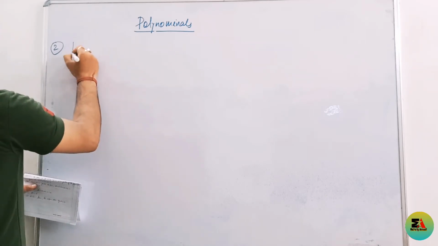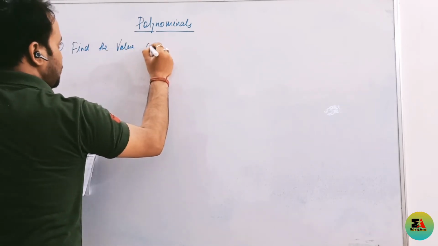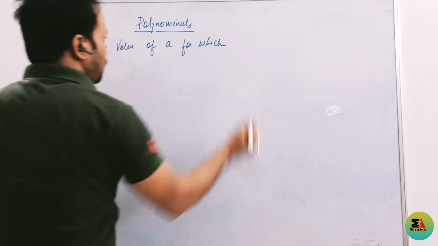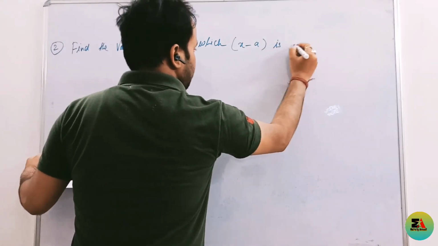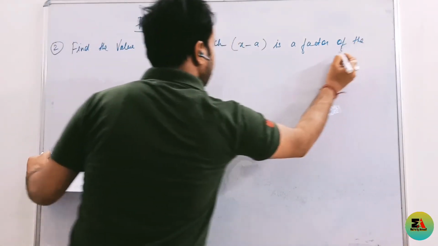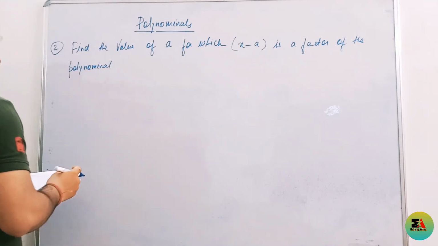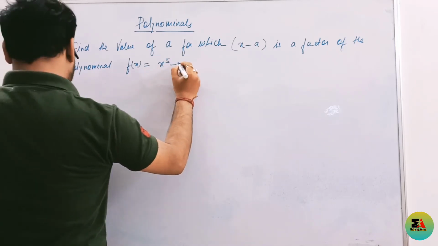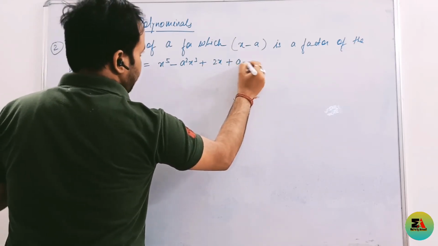Take another question. Find the value of small a for which x minus a is a factor of the polynomial f(x) is equal to x to the power 5 minus a square x cube plus 2x plus a minus 3.